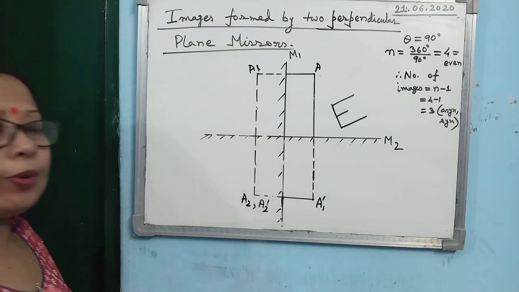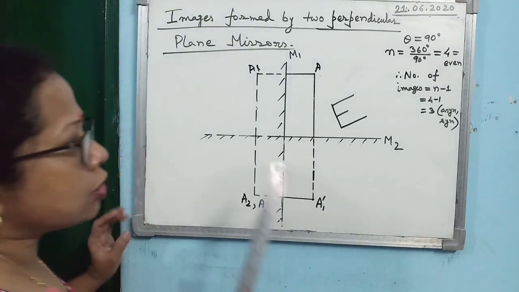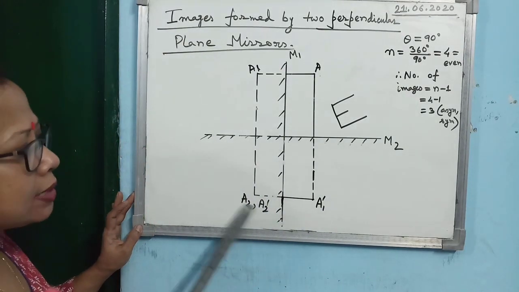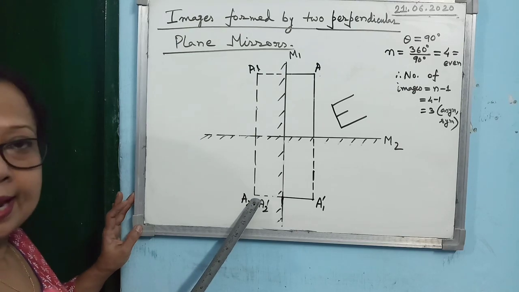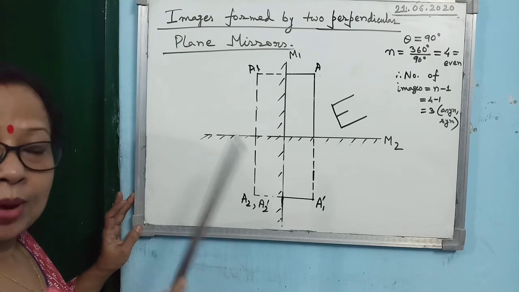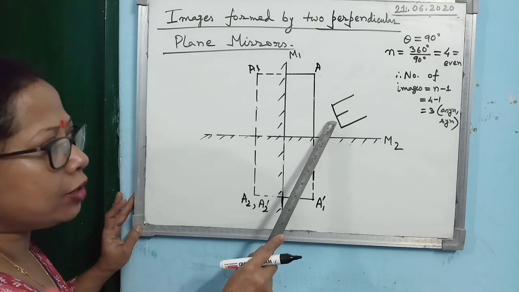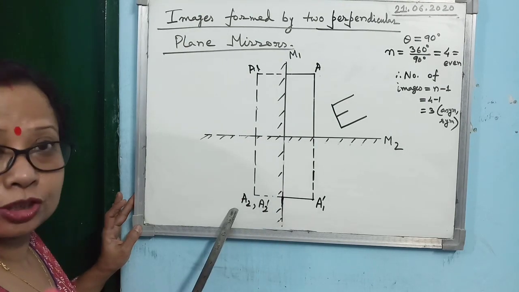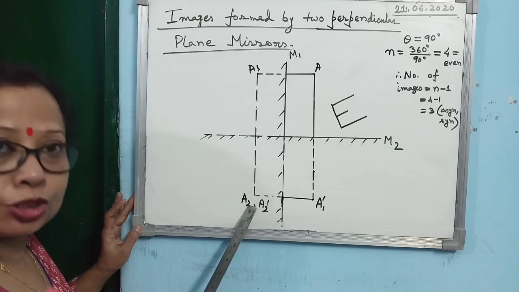Now, where will you start from? You will always start from the last image. So, which one is the last image? The point A2. Alright. So after drawing the observer's eye, start from the last image. So the last image is A2.